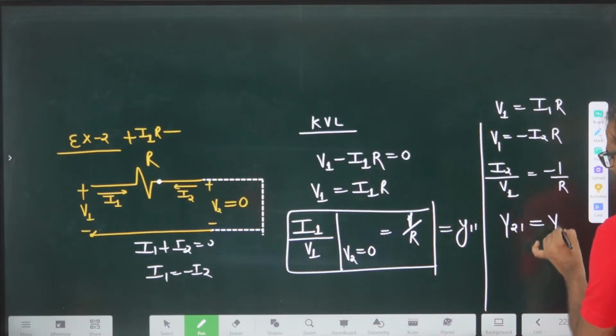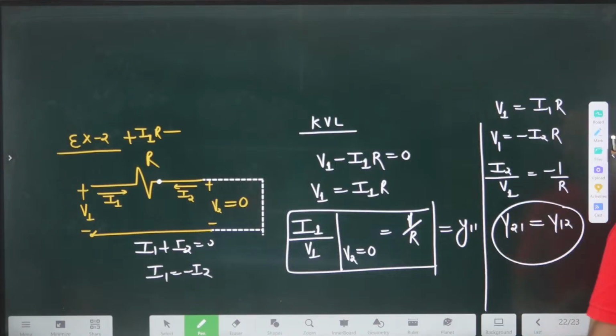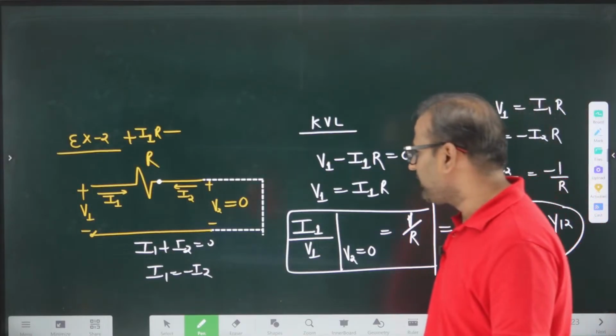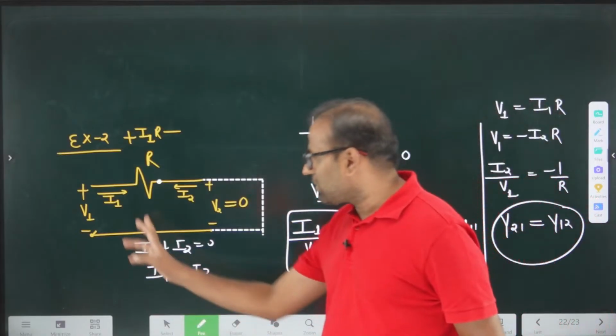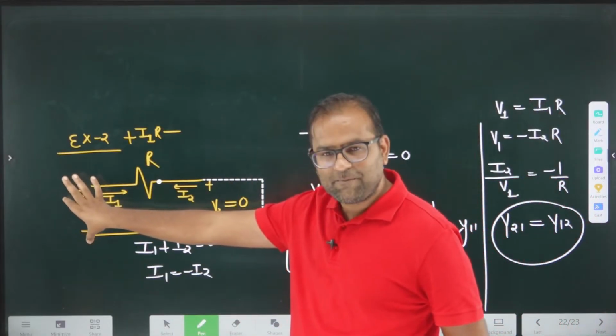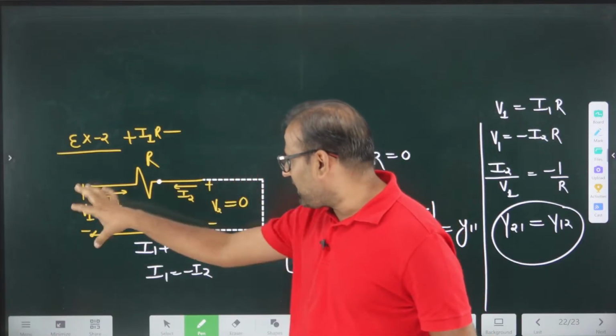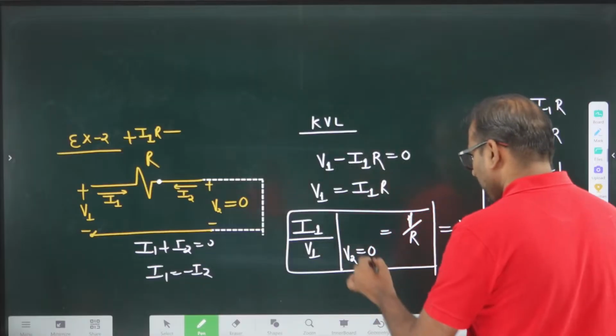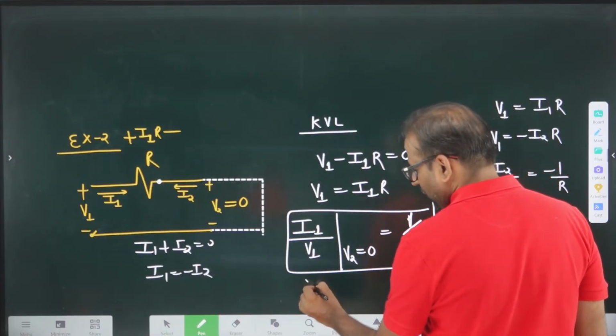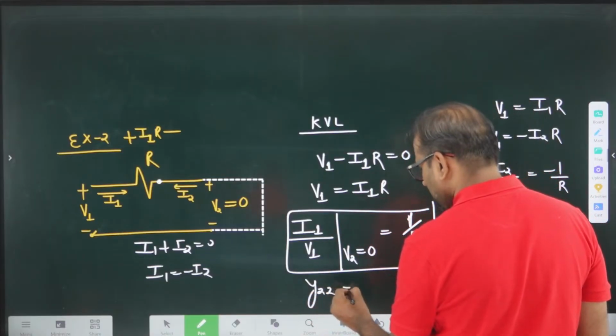So Y21 is equivalent to Y12. And this network is a symmetrical network also. If you replace this by here, you will get exactly this type of equation. So you can say Y11 is equivalent to Y22, and Y22 is also 1 by R.